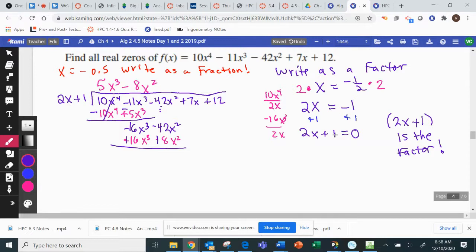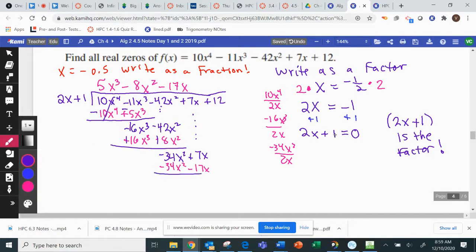Yeah, 34. So negative 34x squared over 2x. That's going to divide and give me negative 17x. We multiply, we get negative 34x squared minus 17x.